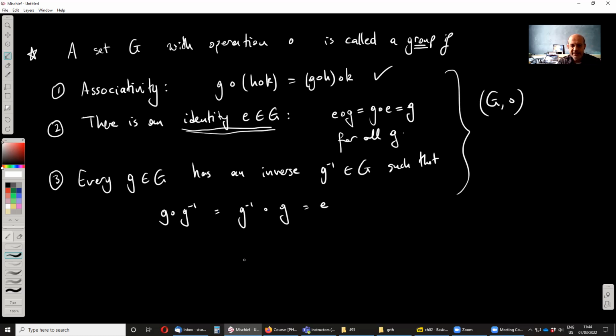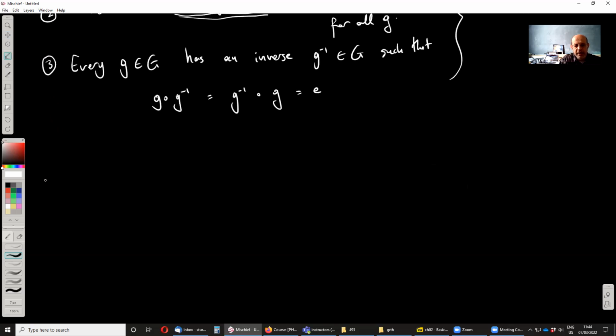In any case, that's the definition. There's actually one last property here, though it's not a property of the definition of the group.